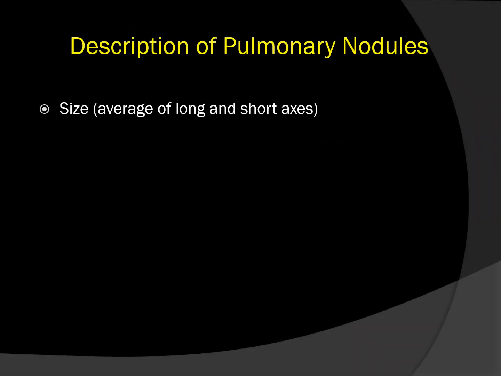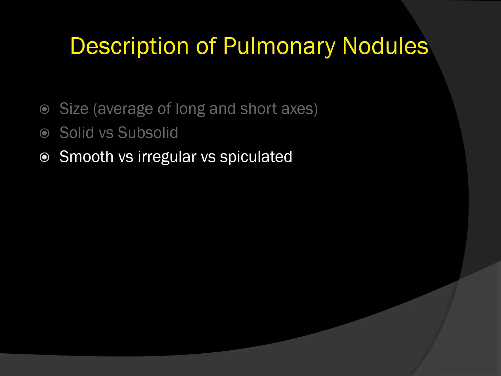So we look at the size, and officially we'll measure on the long and short axis and take the average. That's the size. So obviously a 4 by 6 nodule, if it's not perfectly round, would be described as a 5 millimeter nodule. We say if it's solid, which I haven't shown you yet, or subsolid, meaning it's not entirely solid. It has some hypodense areas.